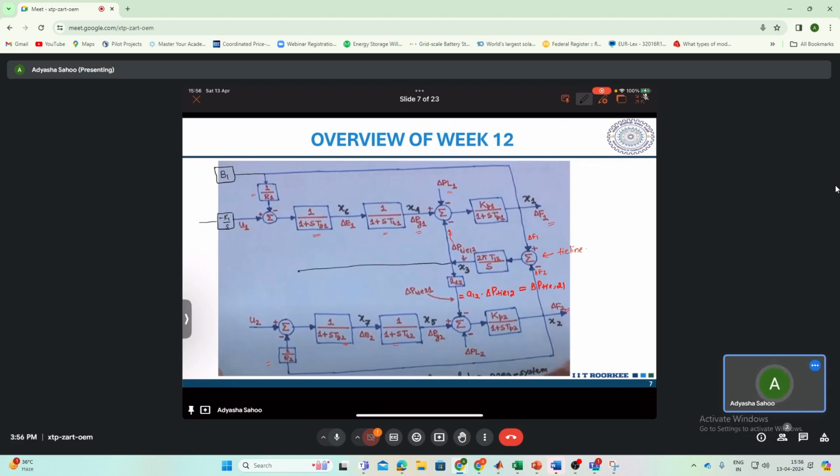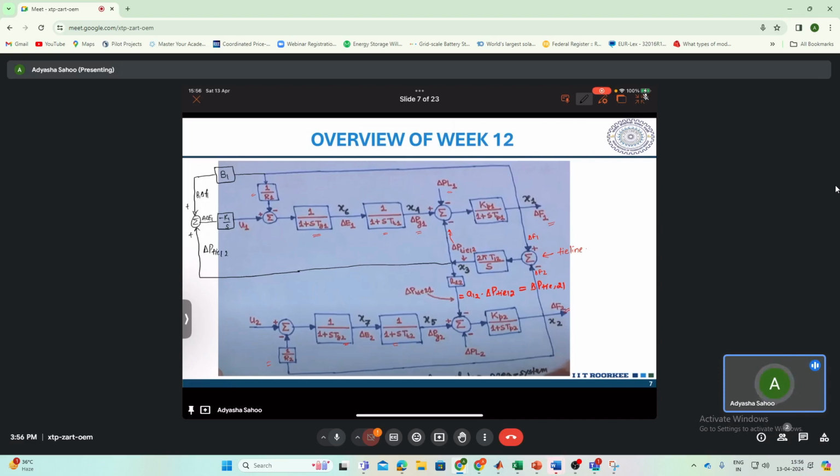I'll add summations here. So this is your delta P tie12 plus this B1 times delta F1. So this is your ACE1 with K1. So that is for area 1.